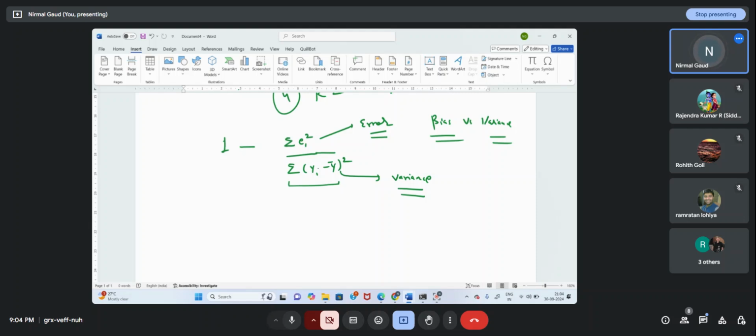If bias is more, variance is less. So if error becomes more, variance gets less. So if error is more and variance is less, overall this value will be more. And if I subtract it from 1, the answer will come less. It means R2 is less.